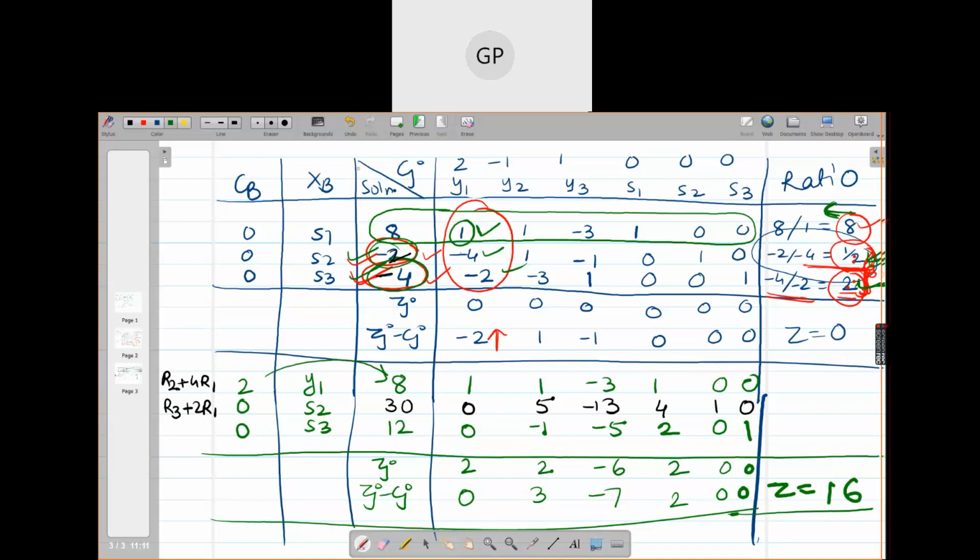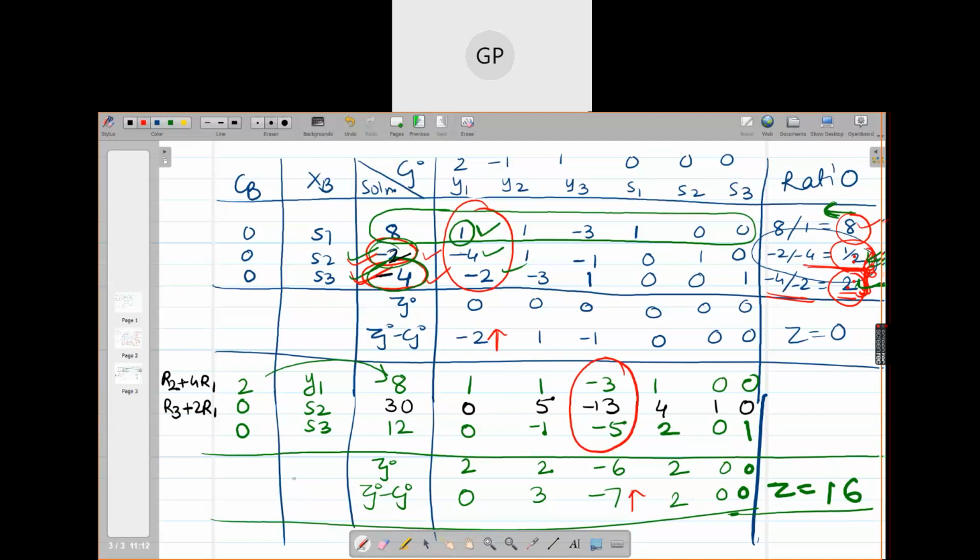Now which column is the pivot column? Y3. So this is your pivot column, the most negative value, as the objective function is to be maximized. Now we have handled such a type of case where all the elements in the pivot column are negative.